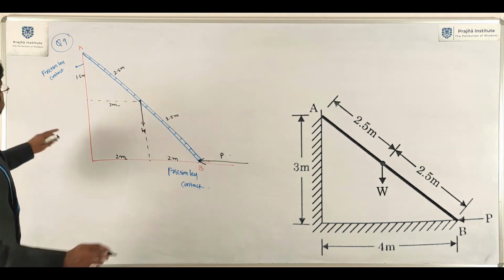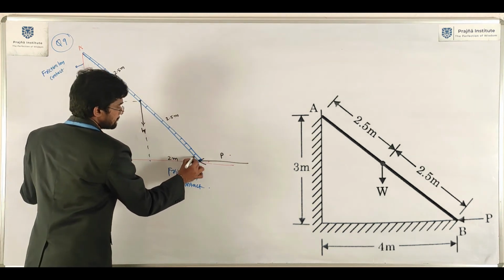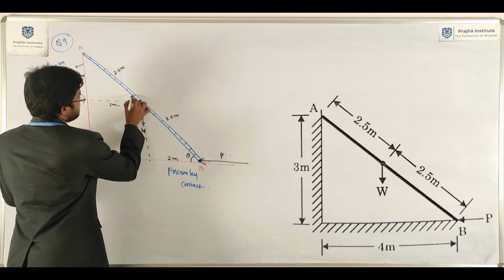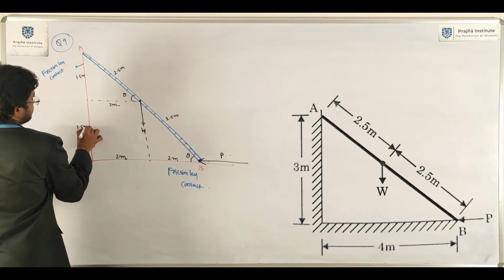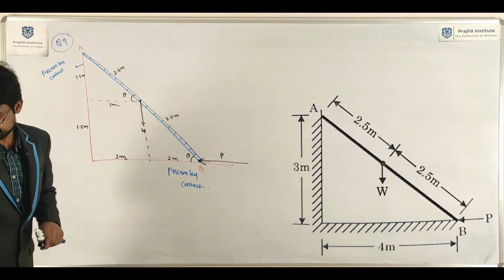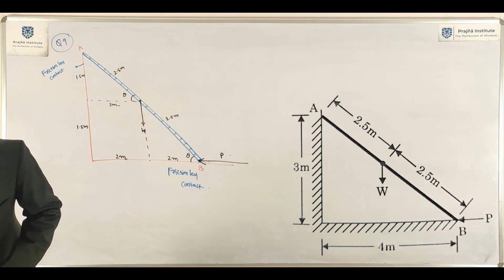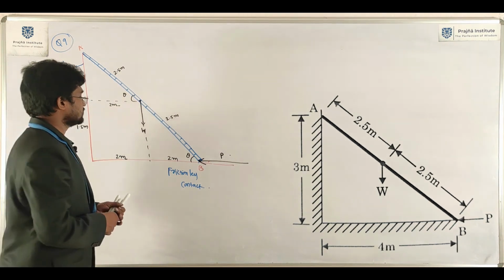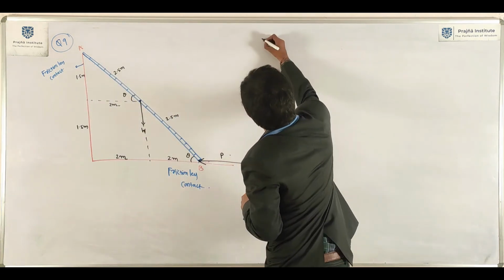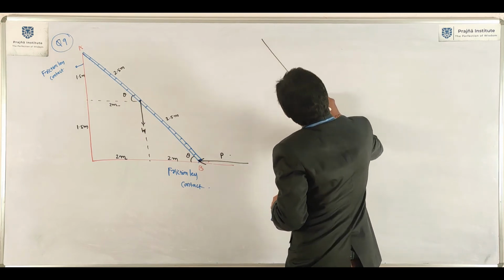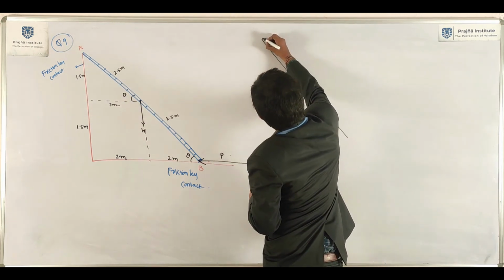Clear? Total 3 meters. It is theta, and it is also theta, also 1.5 meter. Total is 3 meter. Now, the magnitude of force P required, that is what the question asks. Now, just draw the free body diagram for the ladder.